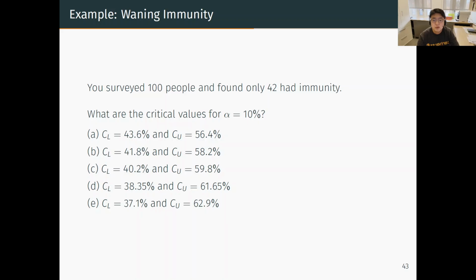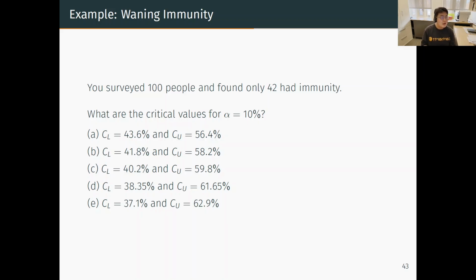Okay, so then in this case, suppose that in our data we surveyed 100 people, and we found that only 42 of them had antibodies 6 months after the vaccination.